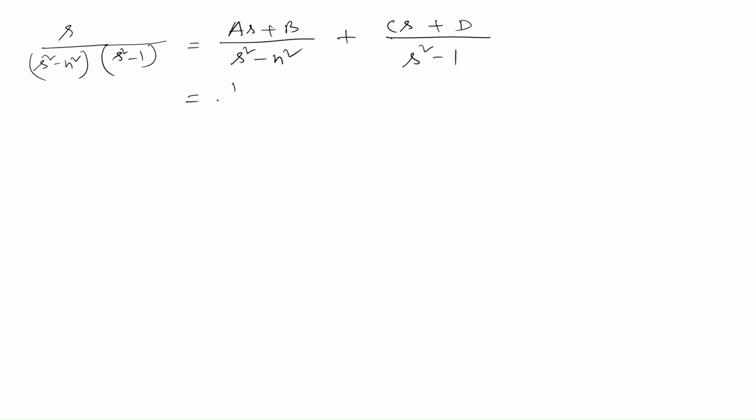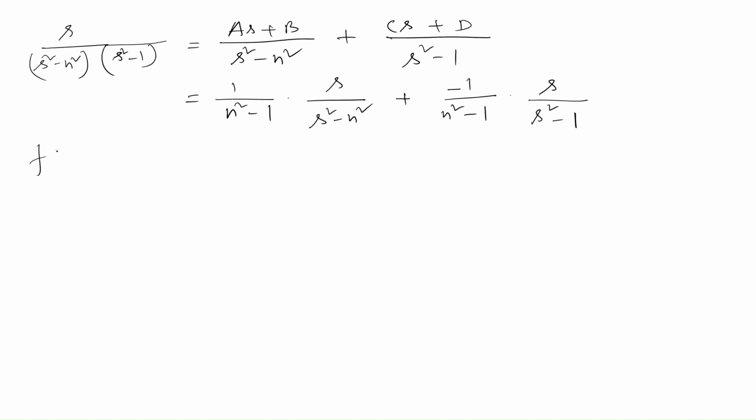A is 1 by n square minus 1 and this is s by s square minus n square, plus c is minus 1 by n square minus 1 and d is 0. So this is s by s square minus 1.